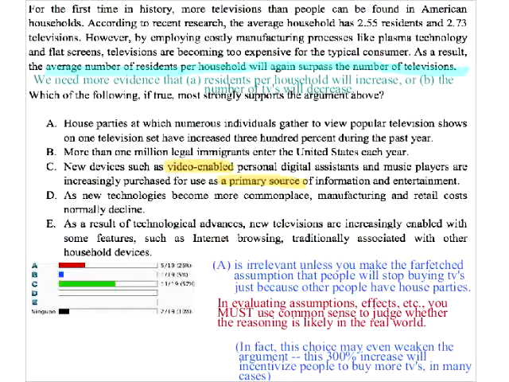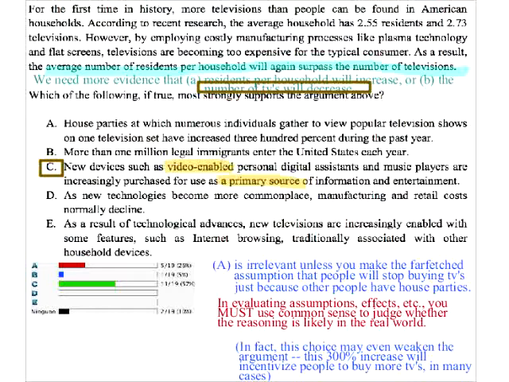So C is what we want. C will, if it comes to fruition, decrease the number of televisions that are sold because people are replacing them with these personal digital devices as a primary source of entertainment.